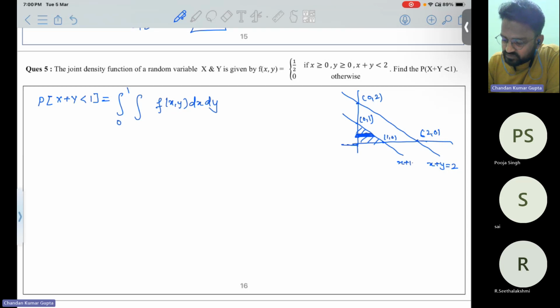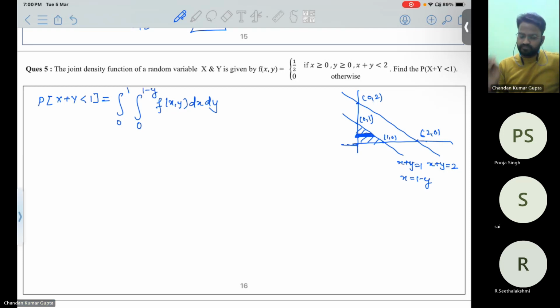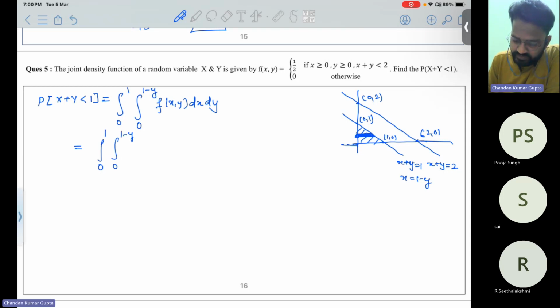From x plus y equals 1, x is equal to 1 minus y. That means x goes from 0 to 1 minus y. So the integral is from 0 to 1, x from 0 to 1 minus y, and f(x, y) is half, dx dy.